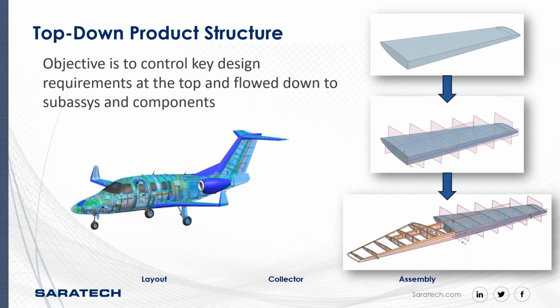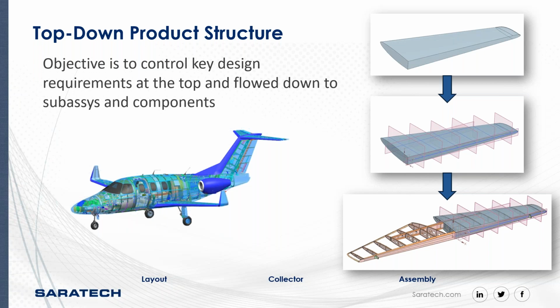Okay, now let's talk product structure. So the objective of the top-down product structure is to communicate and control key design requirements. So those should be flowed and controlled from the top level down to the sub-assemblies, components, and you build out your detailed parts. So for a design like an aircraft here, we have multiple subsystems. We have the fuselage, the wings, the rudder, the stabilizer, the engines, right?